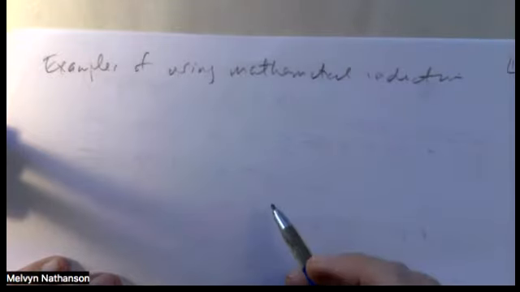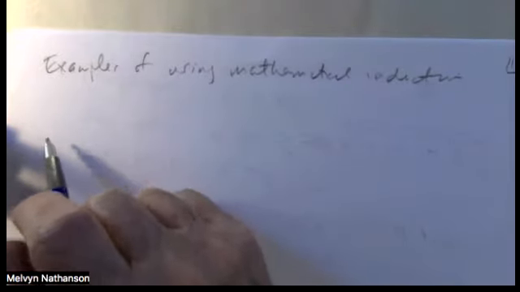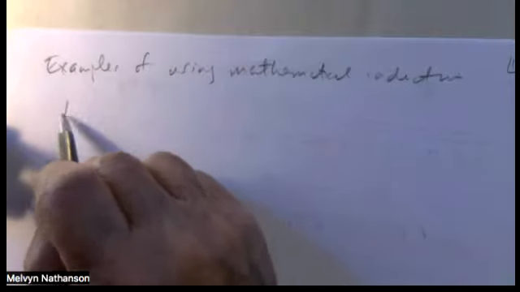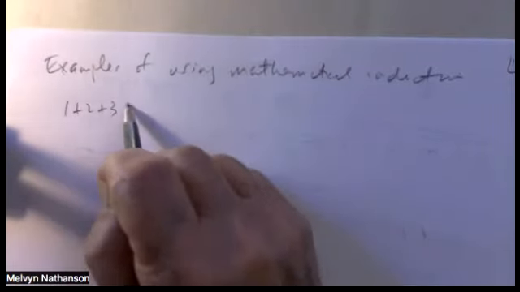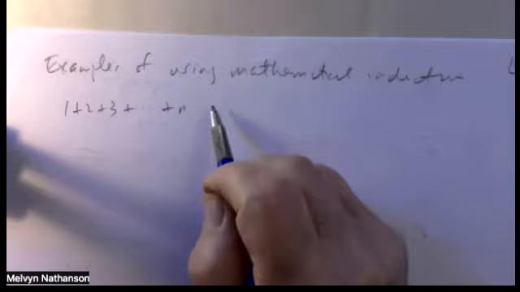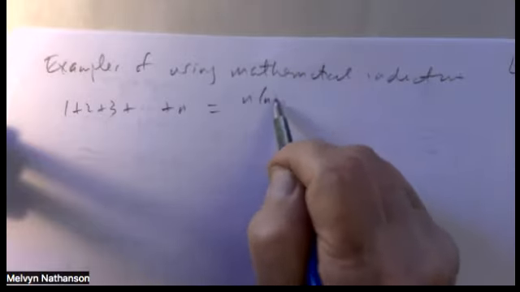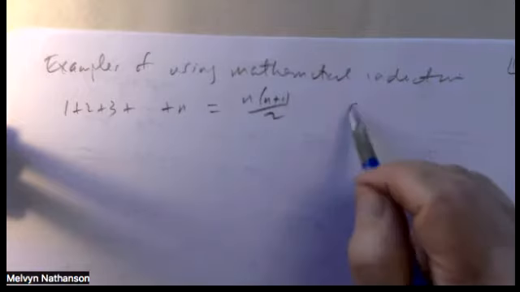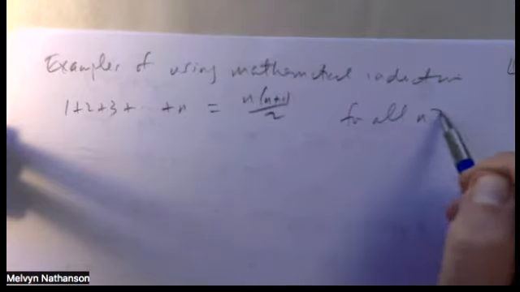The first couple certainly come up in calculus when you're learning integration. You have the following formula. If you take the sum of the first n integers, that's equal to n times n plus 1 over 2, for all n greater than or equal to 1.